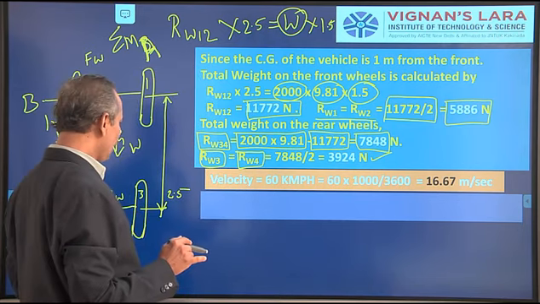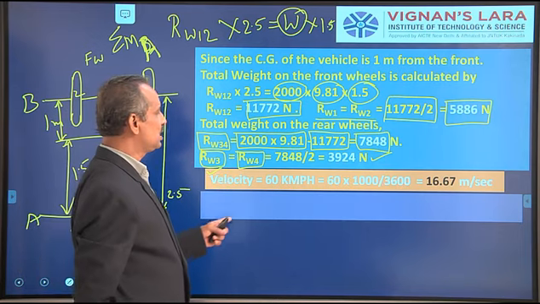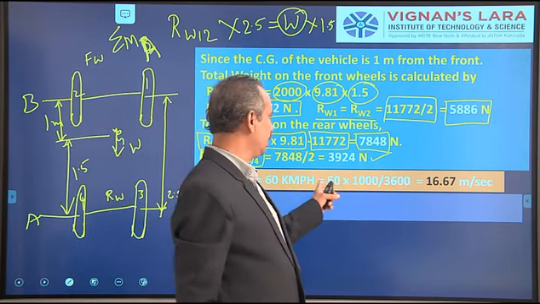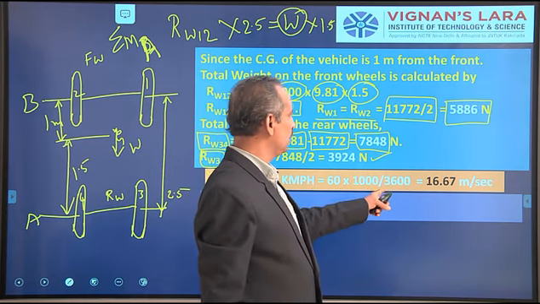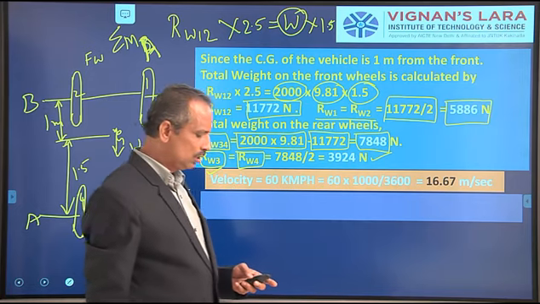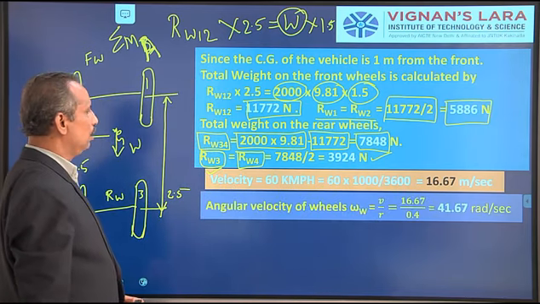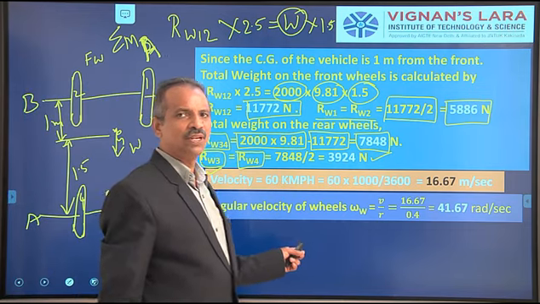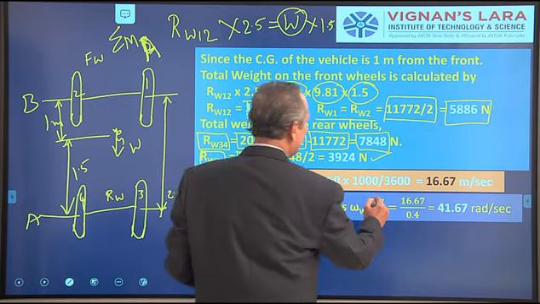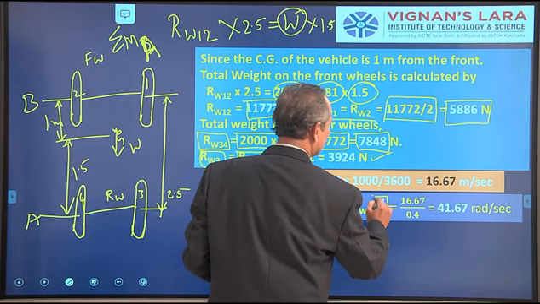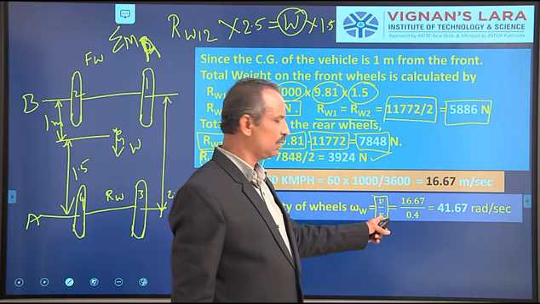Okay. Now the velocity is given as 60 kmph, converted into meters per second: 60 into 1000 by 3600. Then the angular velocity of the wheel, we know this formula: omega w is equal to v by small r, where v is the linear velocity and r is the radius of the wheel.